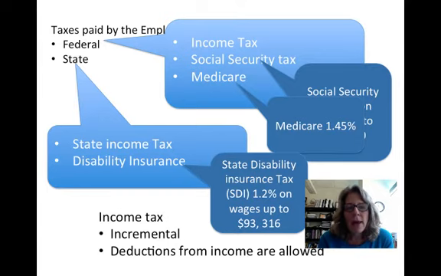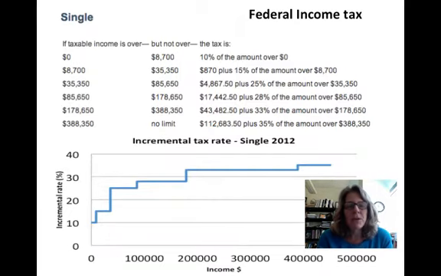So when we look at federal income tax, we'll look at that first. And I'm going to look at this particular tax rate that is for a single person. It's different if you're married. It's different if you're married filing jointly. There's various schedules. But since most of you are single, I'm going to look at this right now. And this is 2012.